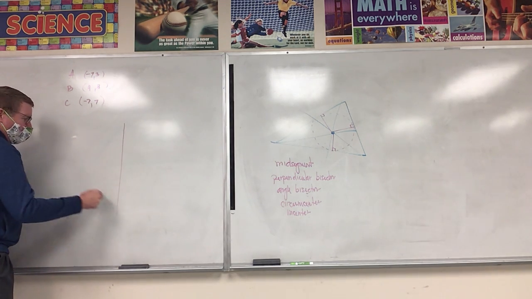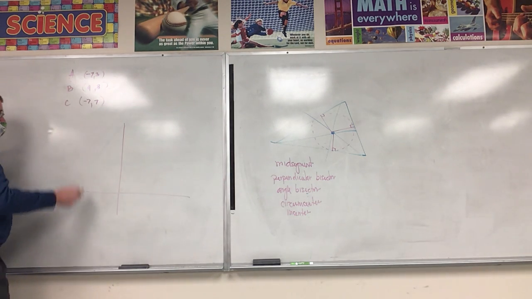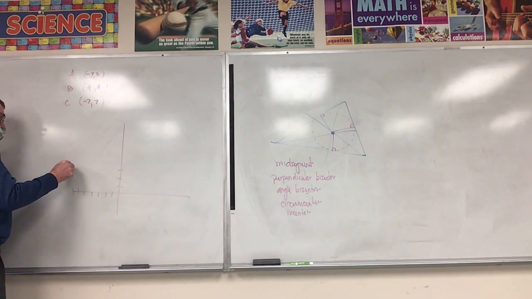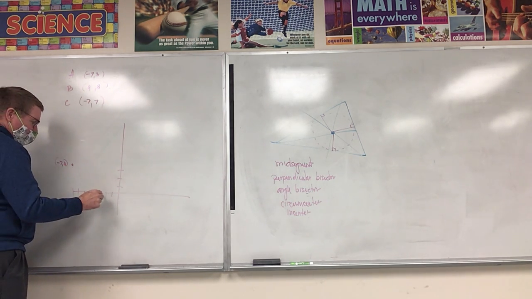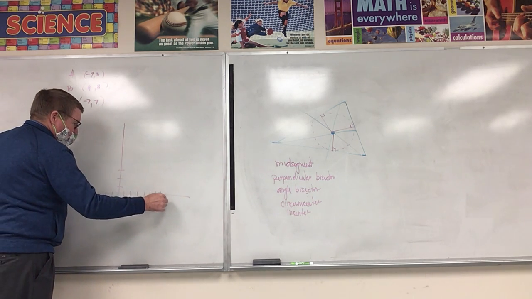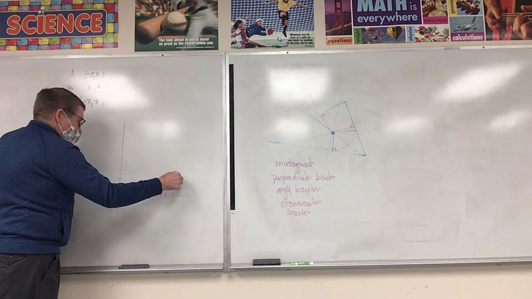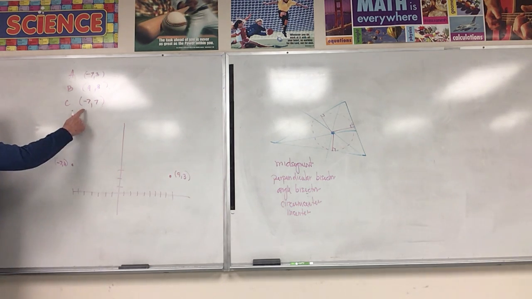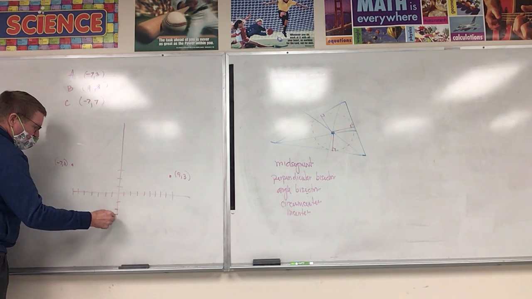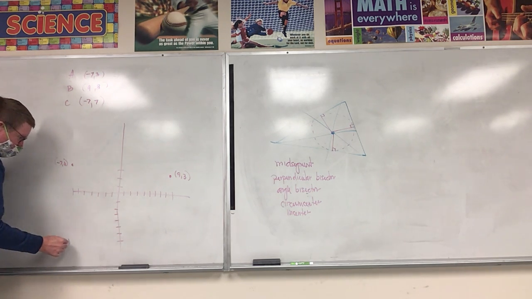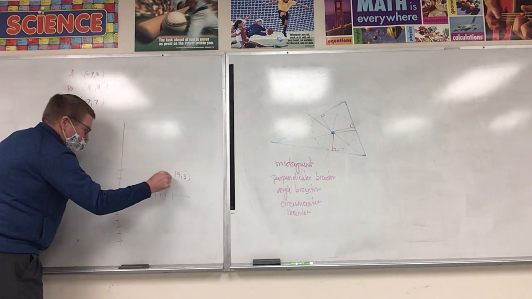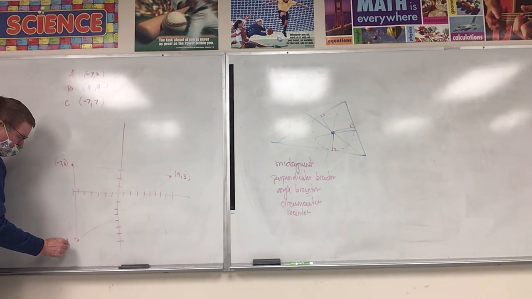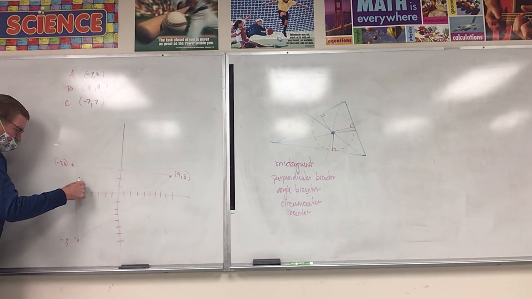So first of all, we would graph (-7, 3), (-9, 3), and (-7, 7). That went the wrong way. Sorry.